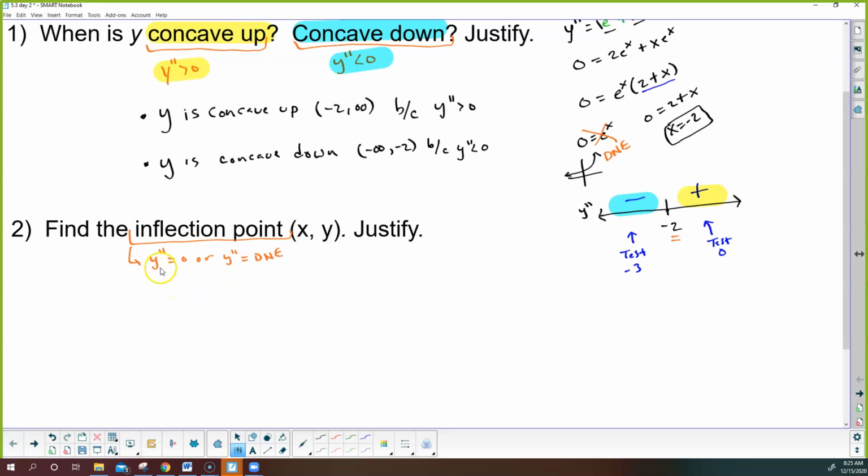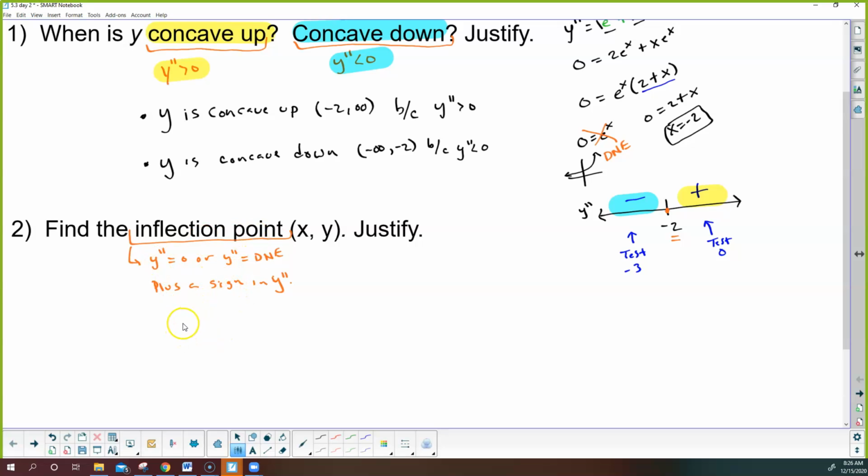Now, we also have to be careful because there also has to be a sign change in the second derivative. So notice right here at -2, I go from concave down to concave up, and that's what points of inflection are. They're spots where we change concavity.